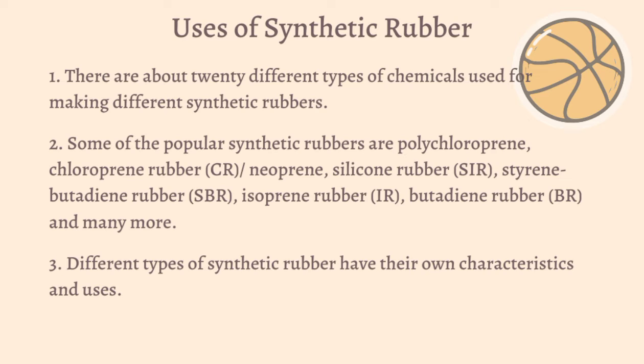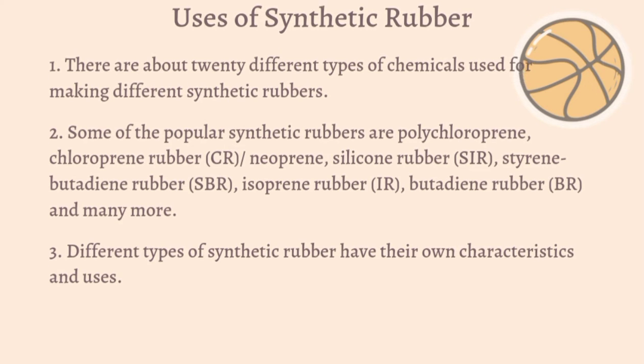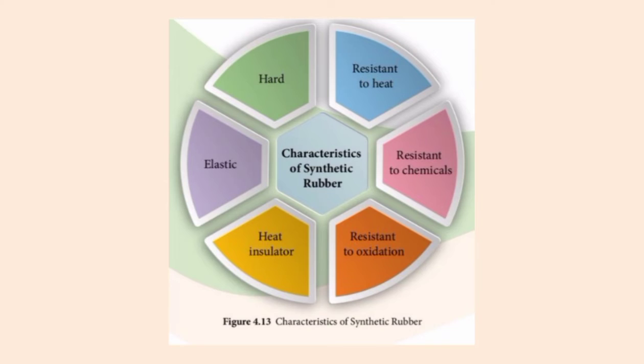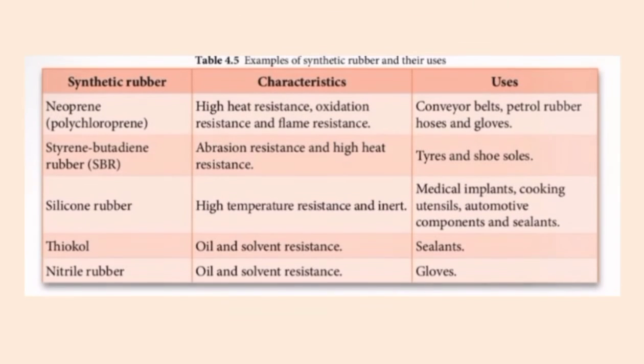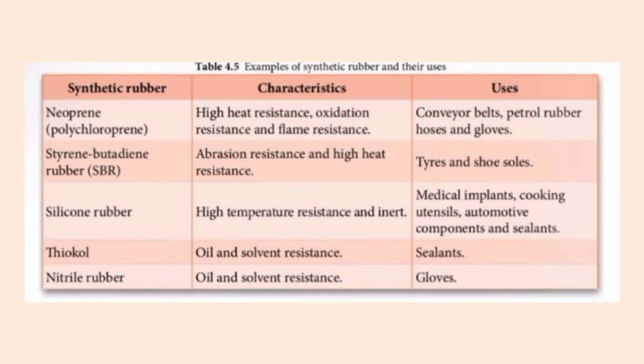Different types of synthetic rubber have their own characteristics and use. And these are characteristics of synthetic rubber: elastic, hard, resistant to heat, resistant to chemicals, resistant to oxidation, and lastly, heat insulator. The table shows examples of synthetic rubber and their uses.